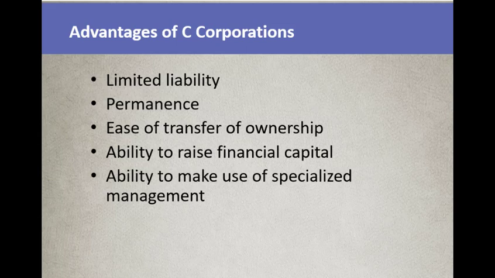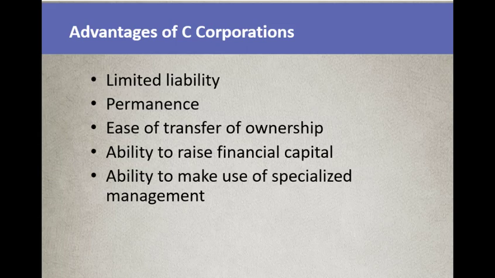Of course, the advantages of C corporations, which we already talked about, is you have limited liability. No longer are they going to come after your personal possessions. It's permanent. It's easy to transfer ownership. We're talking just trading stocks. Boom. I have 1,000 shares, you're going to buy them from me, I am no longer involved in the corporation, you are, once you buy them from me.